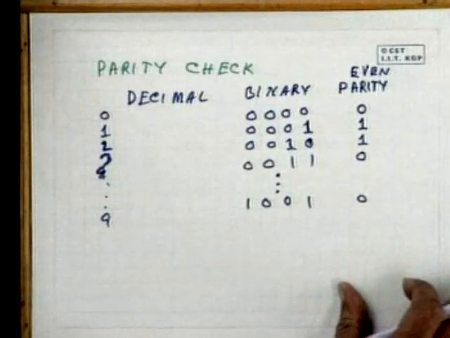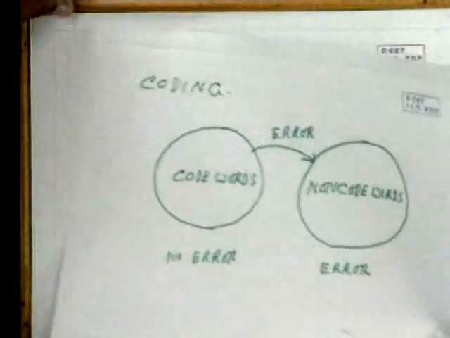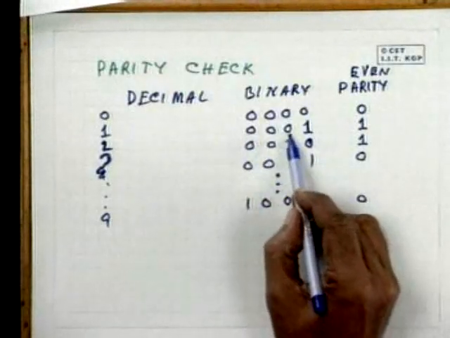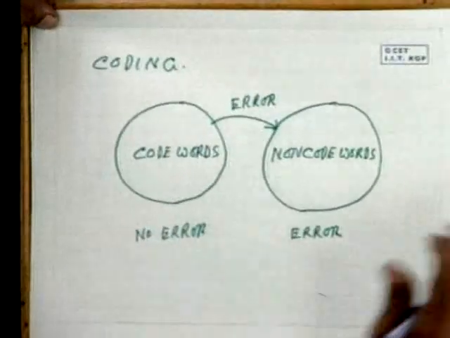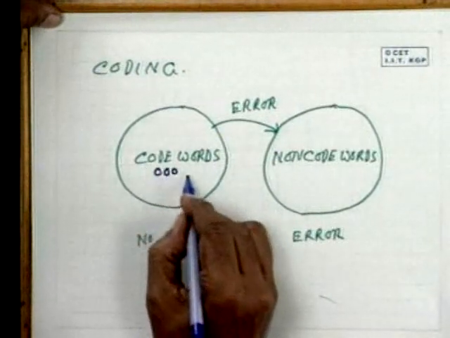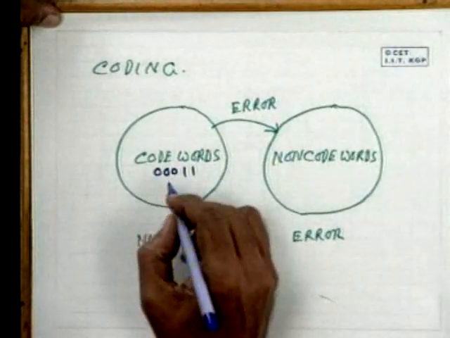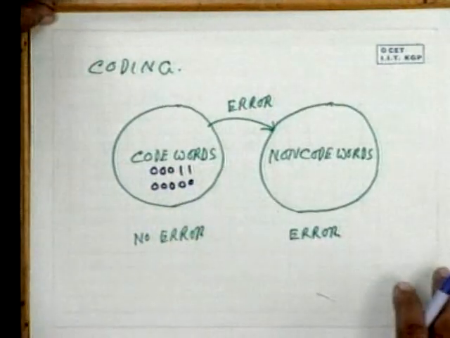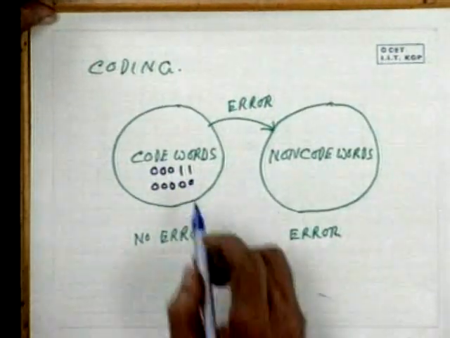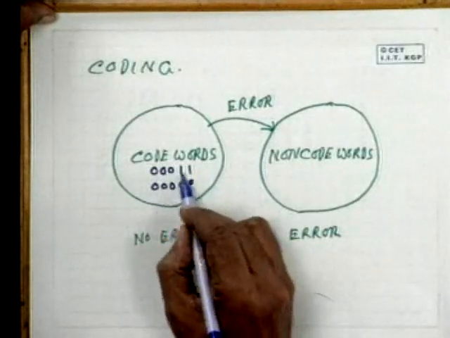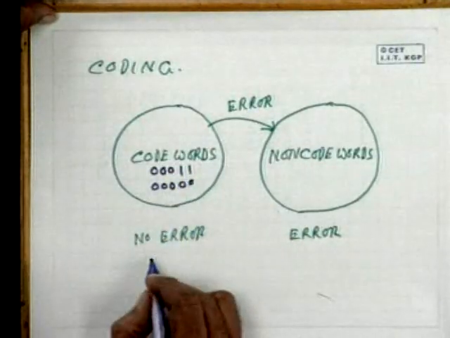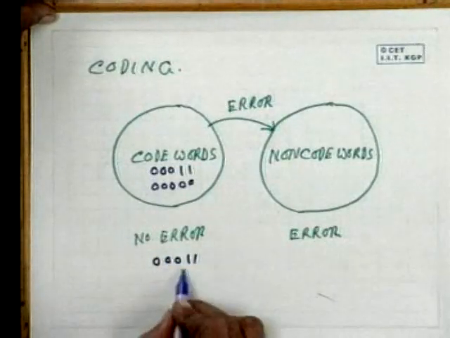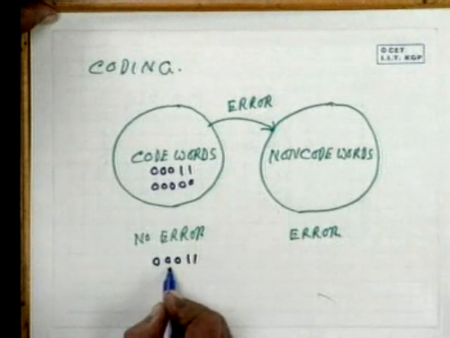So in terms of code words, we can look at it. Say we are sending this one, 0 0 0 1 1. So 0 0 0 1 1, or say 0 0 0 0 0, they belong to code word. Now suppose some bit error has occurred. Let us consider the code word 0 0 0 1 1. After single bit error, what are the possibilities?